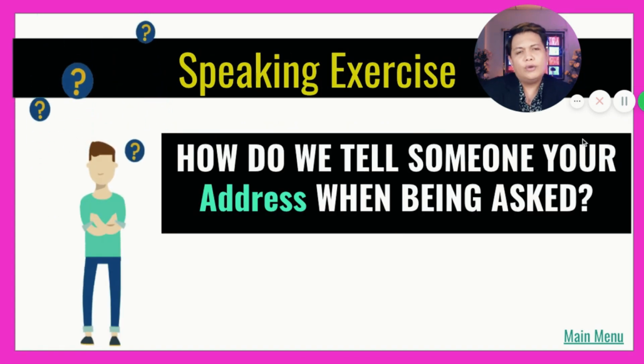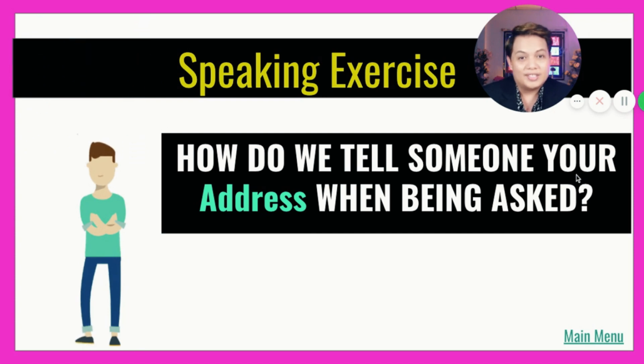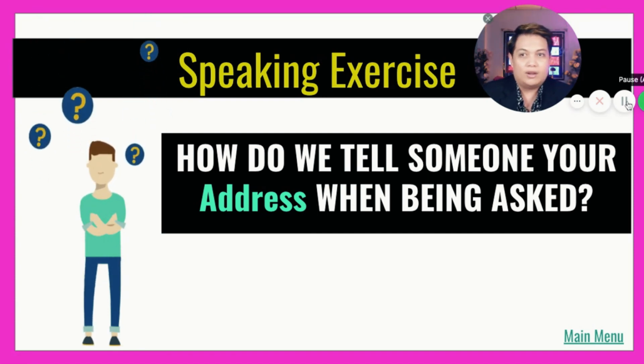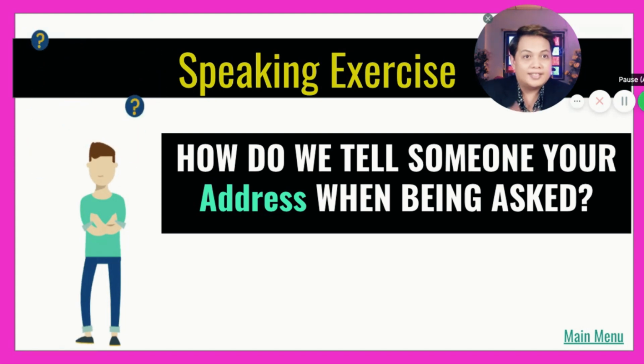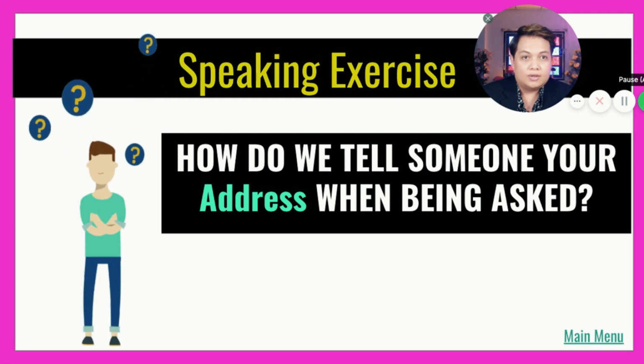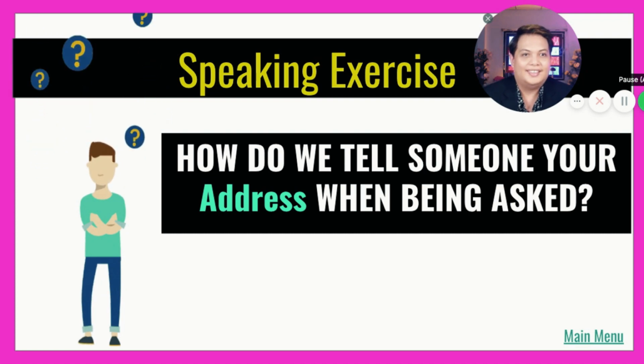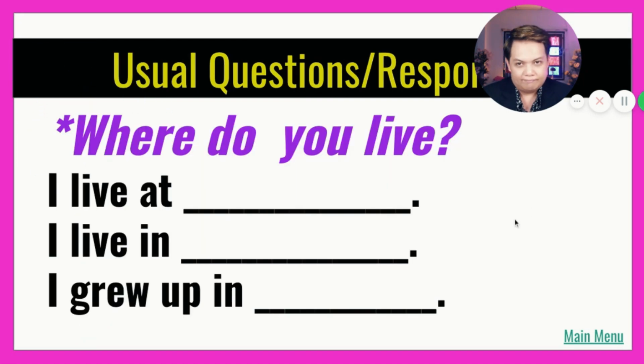Now let's move on. How do we tell someone your address when being asked? Okay, for the address, we need to say where your house is, the exact location of your house, or the city or the district you live in. Now, where do you live? Someone would ask you. Now you can say I live at.